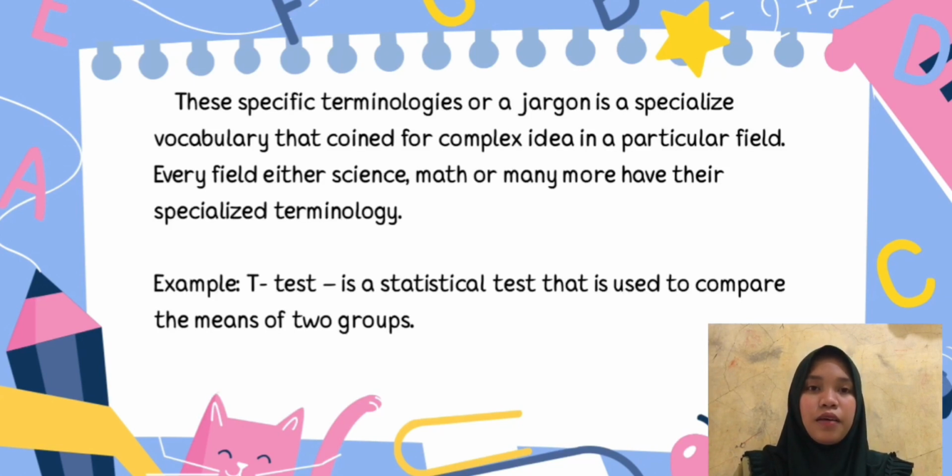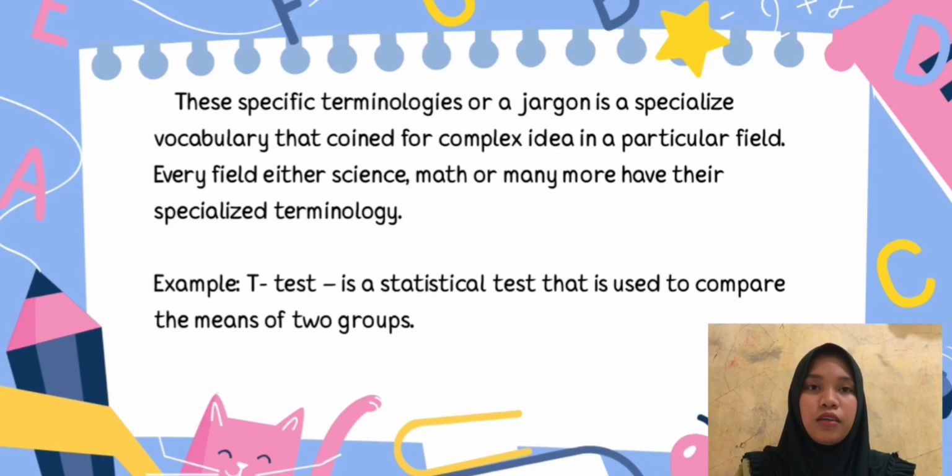Just like in science, they have their own terms such as the scientific names of an animal or plant, and they also have mathematical terminologies that are related to computation.